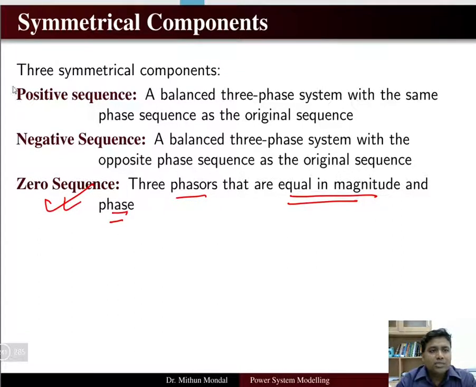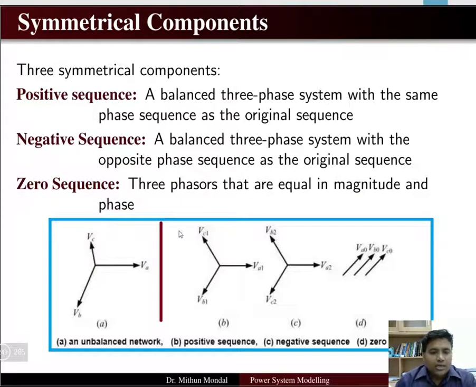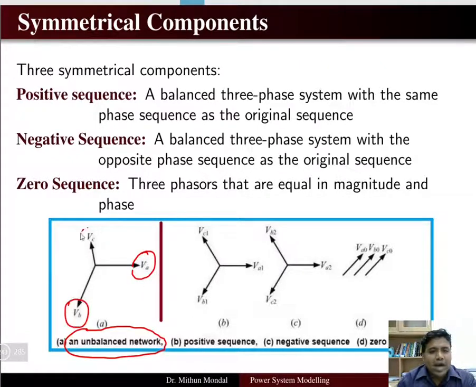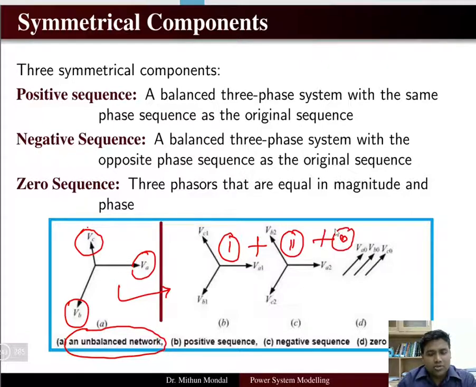Together, the positive, negative and zero sequences make up the unbalanced system. If you have an unbalanced network, meaning the magnitudes of all three phases VA, VB and VC are different, then this will be resolved into three components: component number 1, the positive sequence component, plus component number 2, the negative sequence component, and component 0, the zero sequence component.